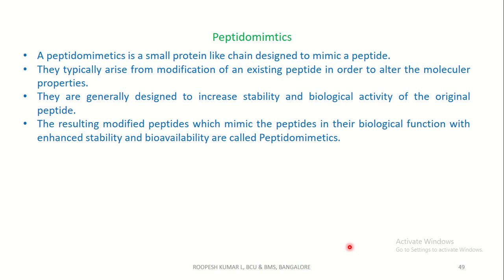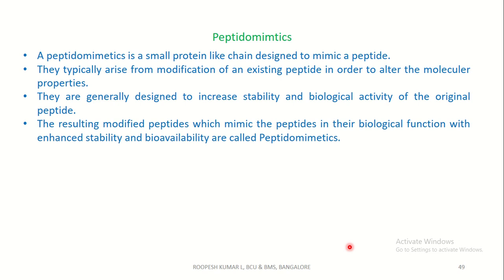And coming to the next topic, peptidomimetics. The name itself indicates a compound, a peptide which mimics the original peptide. A peptidomimetic is a small protein-like chain designed to mimic an original peptide. They typically arise from modification of an existing peptide in order to alter the molecular properties.